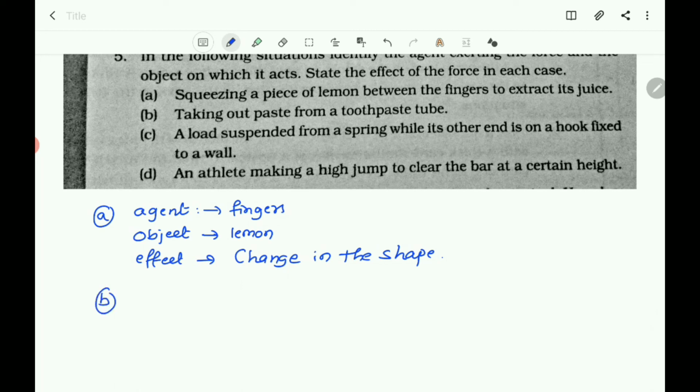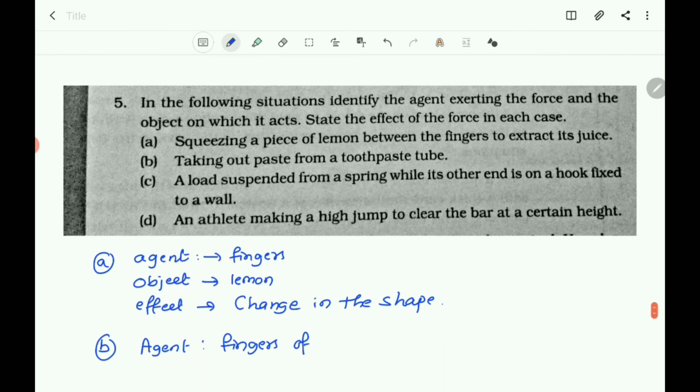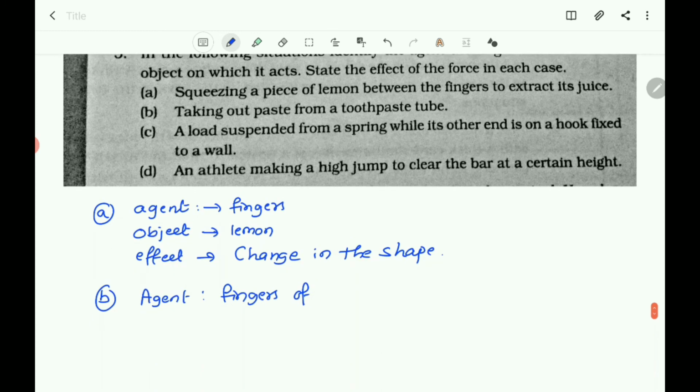Second, you take agent. What is the agent here? Agent is the one squeezing the toothpaste tube, that is the fingers of the person. What is that? Fingers of the person. Same thing here, you take fingers of the person.